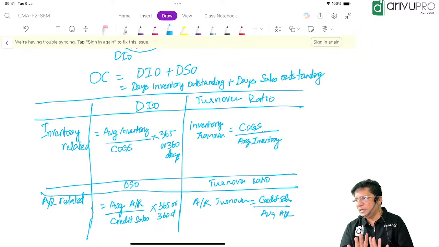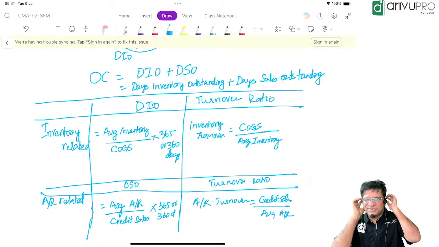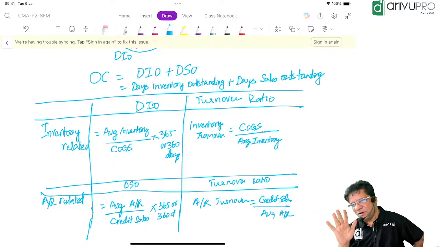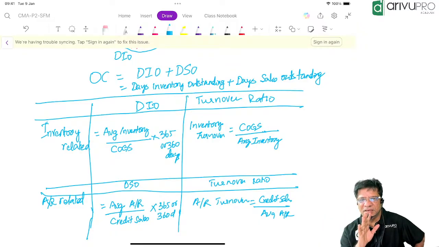One thing is clear before we start the numbers. As a finance manager, before any start, I'll ask you one question. If your company's operating cycle is very high, a large number of days, will you like it?